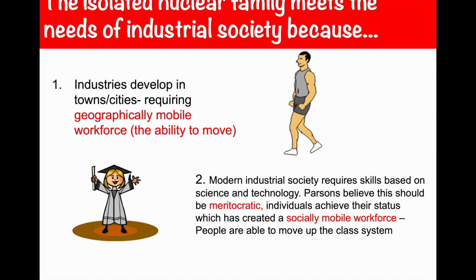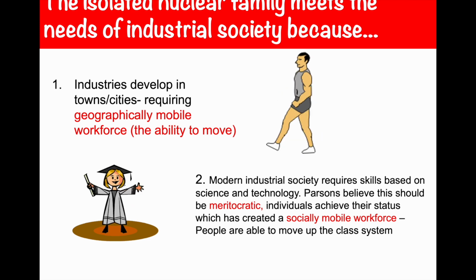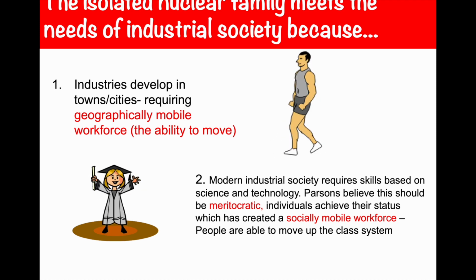Also, the nuclear family is better because it means you are split up from people older than you, for example your father, if you are the head of a nuclear family, and therefore it means that the family can be more meritocratic. So if you got a better job than your father in the past, that would have been a slight on him, and he may not have been happy about that.